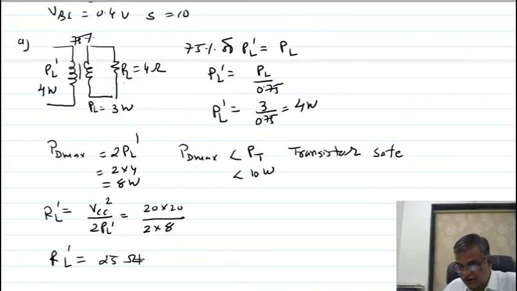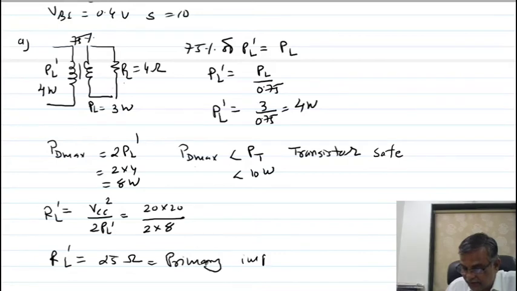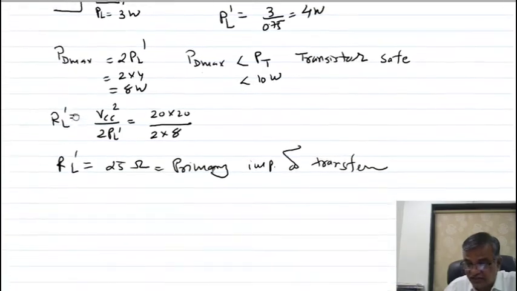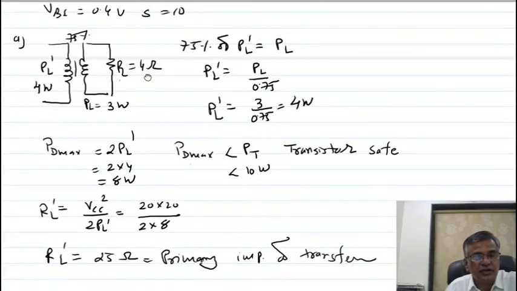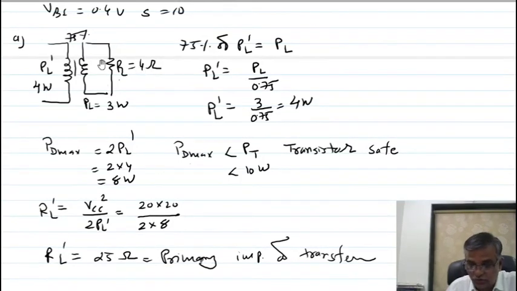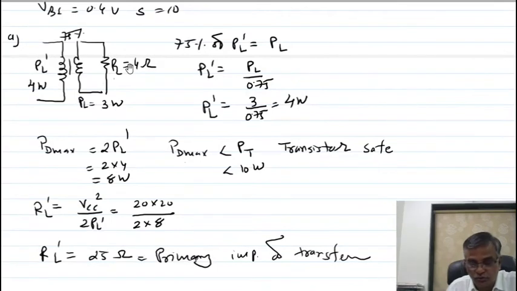So your answer, this is nothing but the primary impedance of the transformer. What is the secondary? The secondary is 4 ohm. So according to the maximum power transfer theorem, the impedance of the secondary is also 4 ohm.